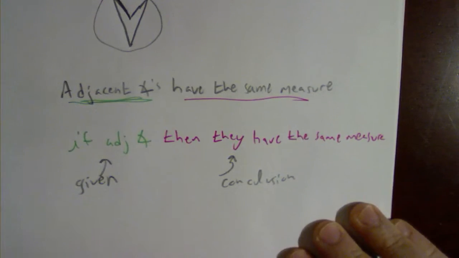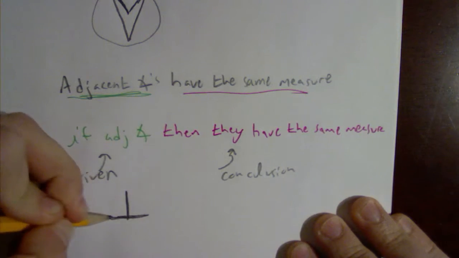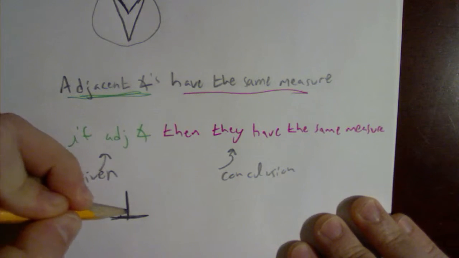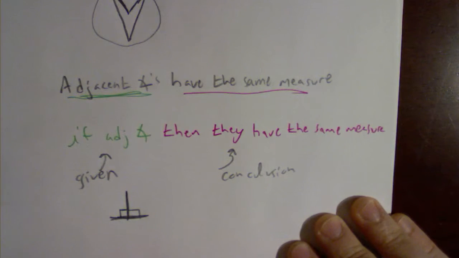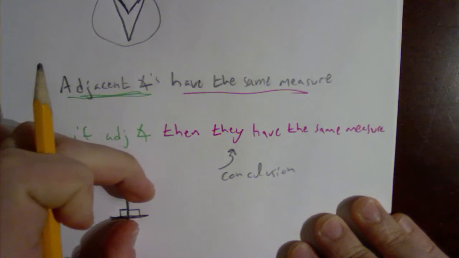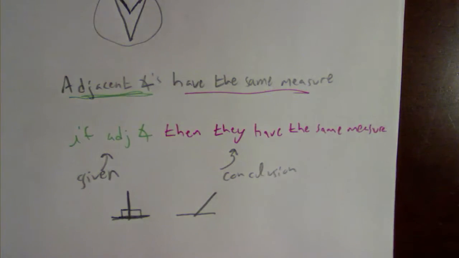Well, if we take a look, I can come up very easily with adjacent angles such that they are the same measure, right? These two angles are right next to each other. They're both 90 degrees. Those are adjacent. But it's just as easy to come up with a counterexample. If I take this perpendicular line right here and I just scoot it over like that, well, now I have adjacent angles. These angles are right next to each other.